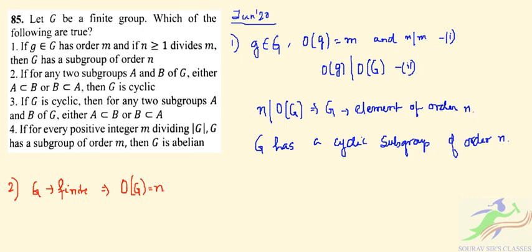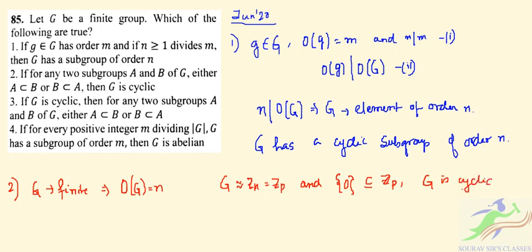Now if n is a prime number, then G is isomorphic to Z_p, and 0 is a subset of Z_p, then G is cyclic.